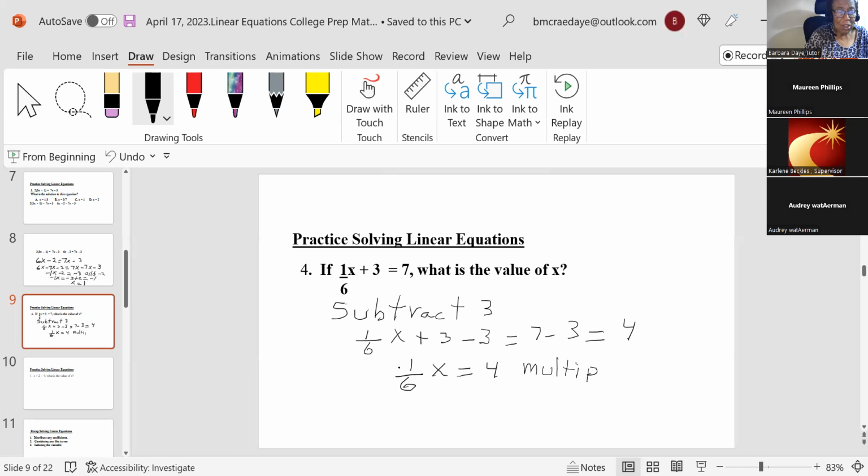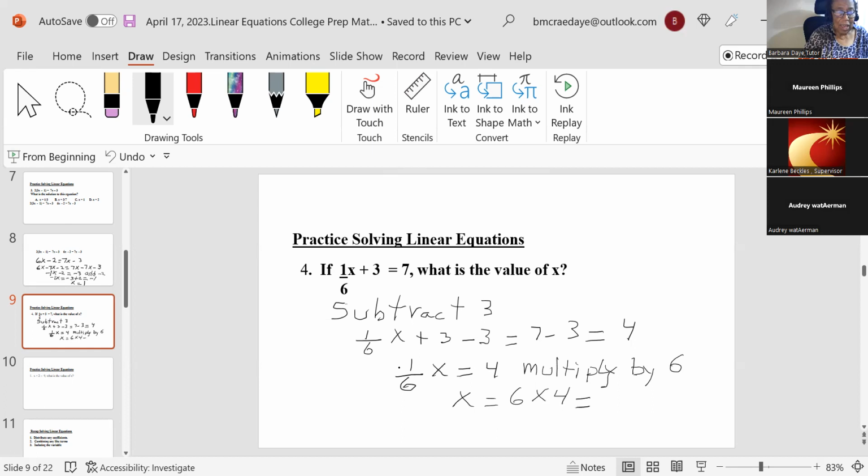But I'm saying you didn't have to do that, because with mental math, you know 24 over 6 is equal to 4. Multiplying by 6 gives you x equals 6 times 4, because 1/6 times 6 just gives you 1, so that's just 1x.